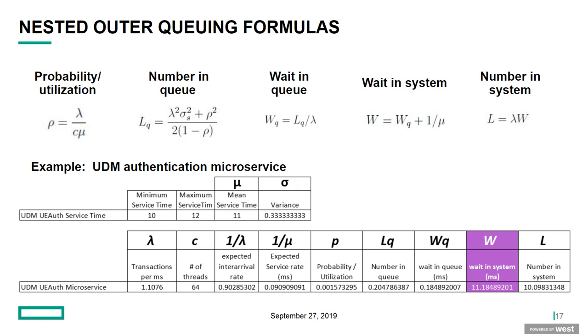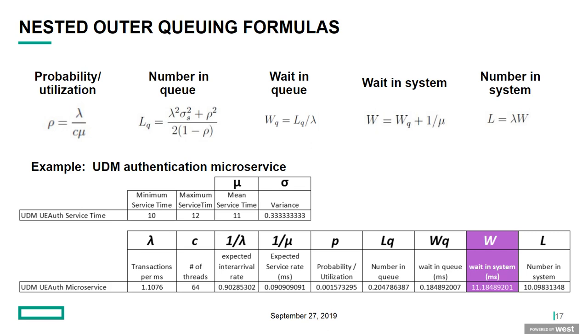The Greek letter rho is the probability or utilization of the queue, where the container utilization is the expected inner arrival rate divided by the product of the number of threads times the expected service rate. And you want your probability to be less than 1, because when the utilization is less than 1, then the solution is considered to be in a steady state, which means you will not overrun your queues.